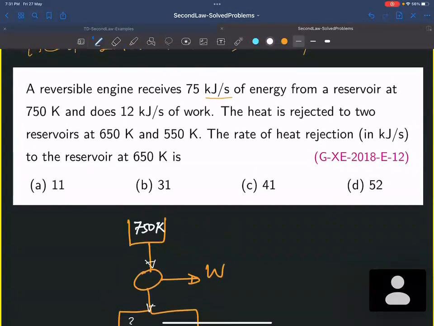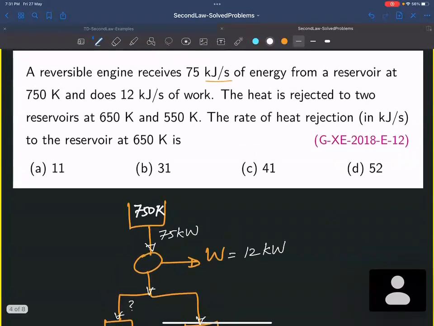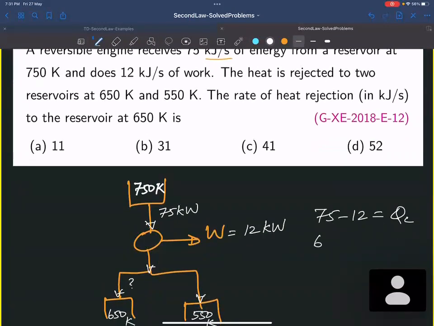So heat taken from the reservoir is 75 kilowatt, and from that work of 12 kilowatt is obtained. So 75 kilowatt is the heat taken, of which 12 kilowatt is converted. The rest, 75 minus 12, goes to QC. The rest is QC, which is 63, shared between QC1 and QC2.